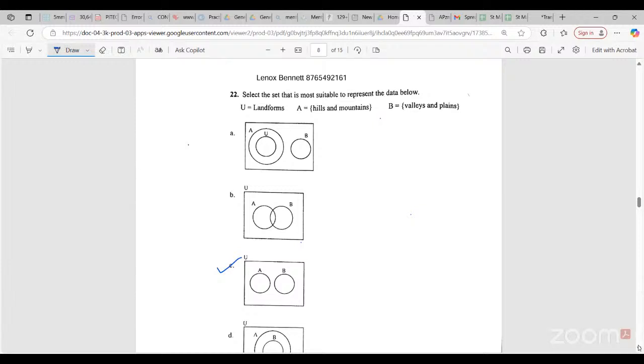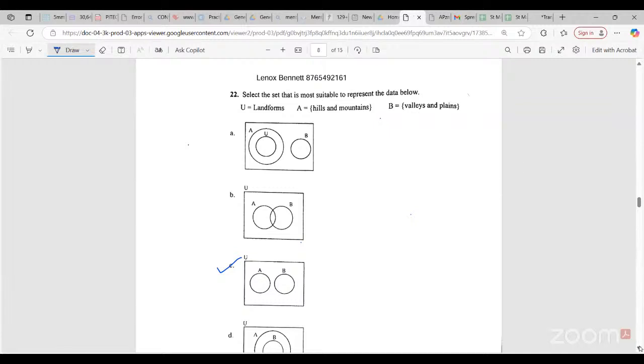Sir, I wouldn't agree with that either, because with hills, mountains, valleys, and plains, there's hardly anything you can name which are similar. Hills and mountains are tall landforms, so maybe that's one thing you can say for them. But for valleys and plains, you can't really match anything with hills and mountains.